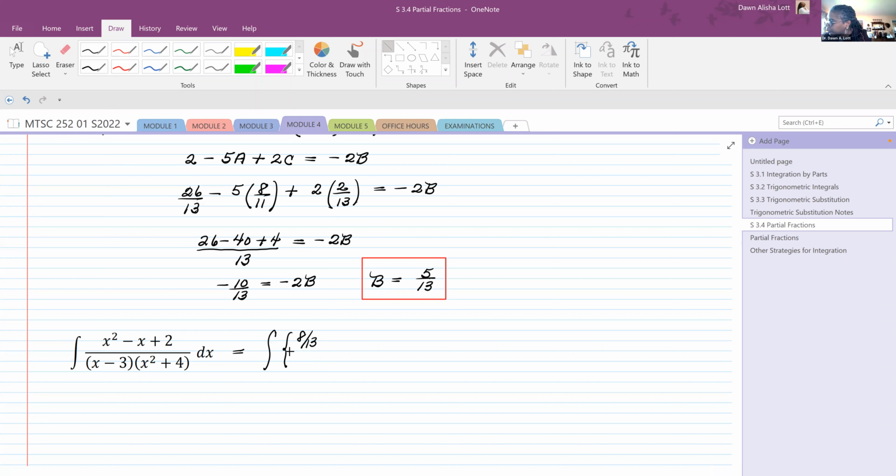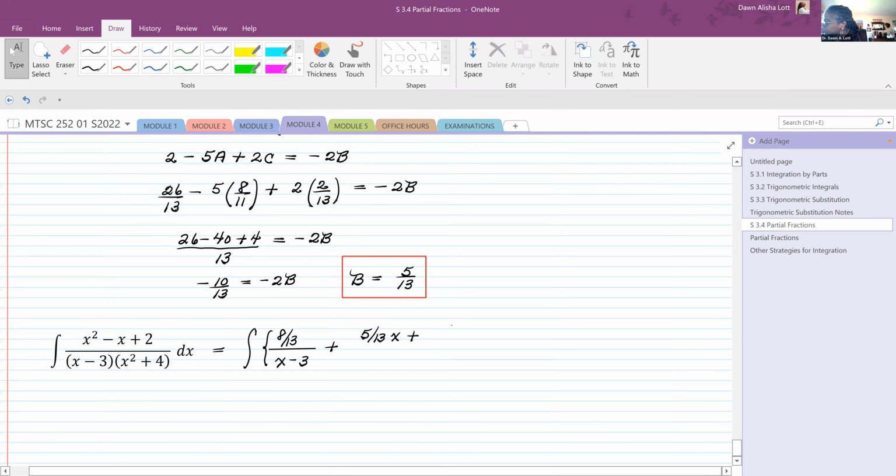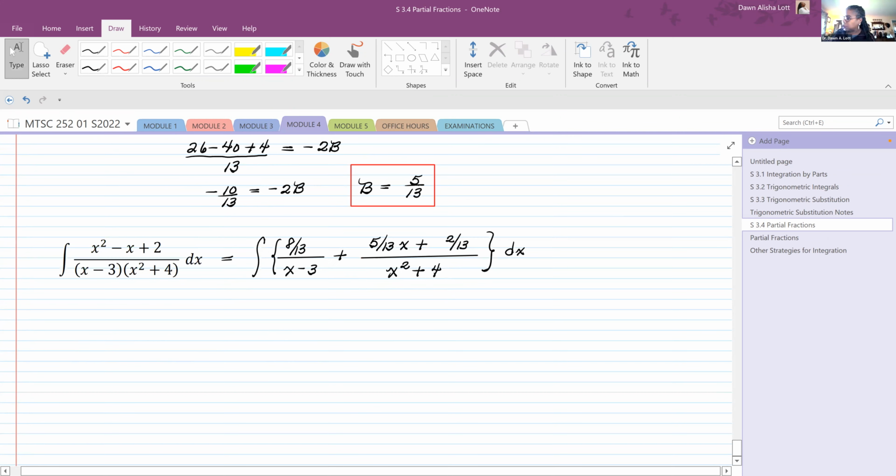And that was divided by x minus 3. Plus bx, so that's going to be 5 over 13 x plus c, which was 2 over 13, all over x squared plus 4 dx. So let's pull out the 1 over 13.